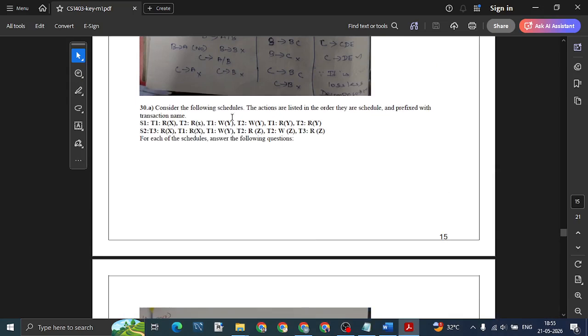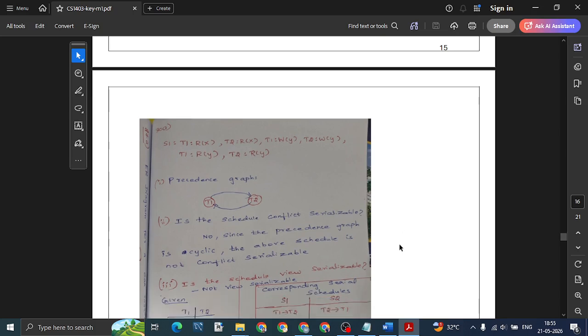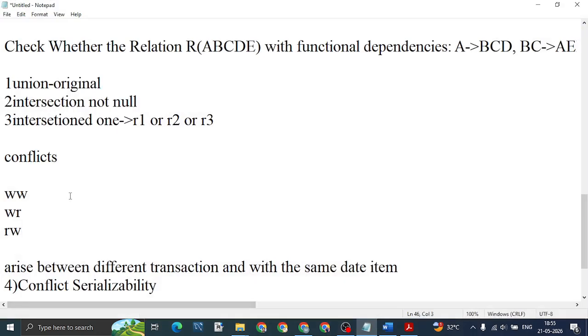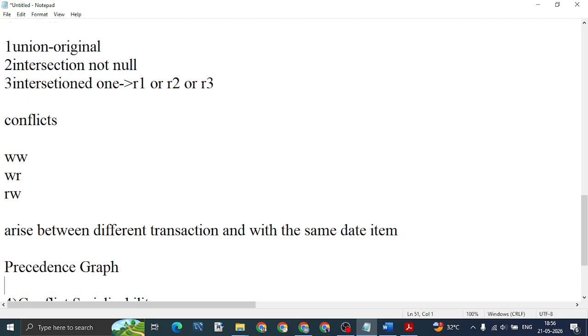So first, how can you check whether it is conflict serializable? Before that, you have to draw the precedence graph. So I have to understand the precedence graph. What is the meaning of precedence graph? Every graph must have vertices and edges, right?